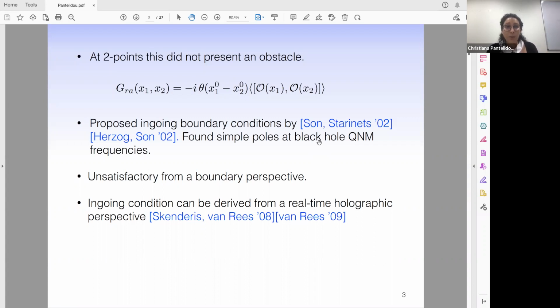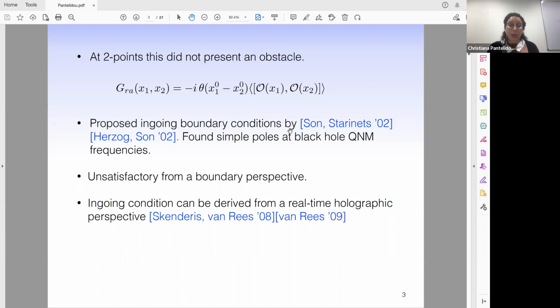However, this prescription is quite unsatisfactory from the perspective of the quantum field theory. The reason is that we're doing a mixture of things. We are imposing boundary conditions in the UV, and those we know how to interpret from the perspective of the quantum field theory, but we're also doing something at the horizon of the black hole, and it is not clear how to interpret that from the quantum field theory point of view.